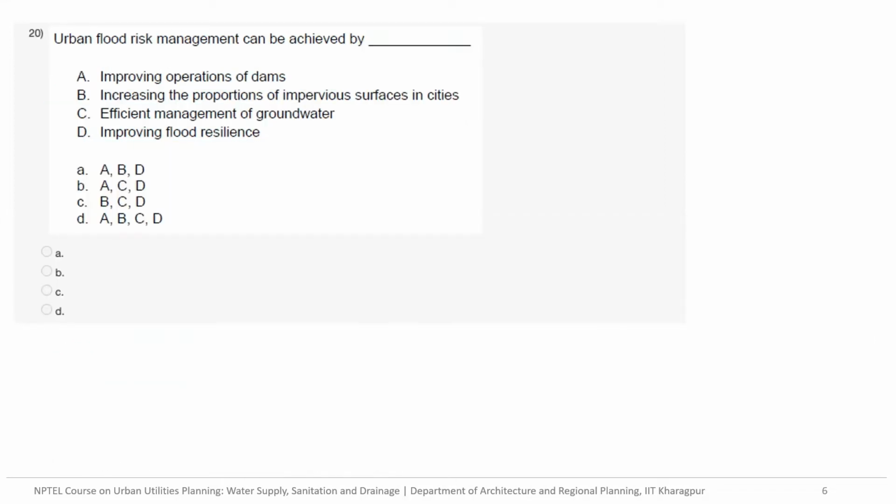The next question that we have is: urban flood risk management can be achieved by A, improving operations of dams, B, increasing the proportions of impervious surfaces in cities, C, efficient management of groundwater, and D, improving flood resilience.